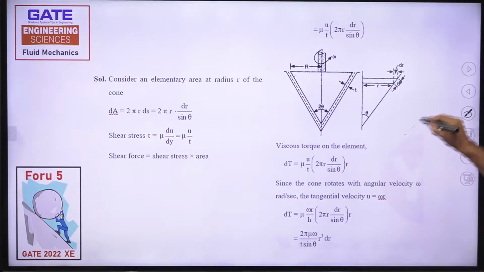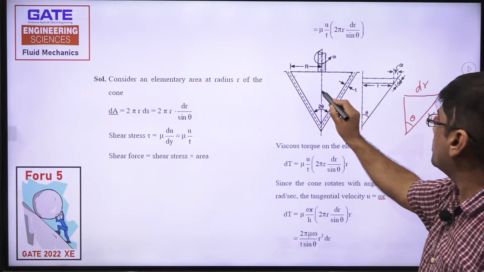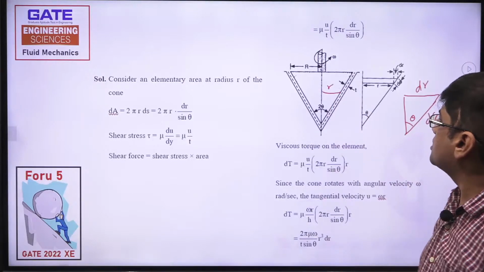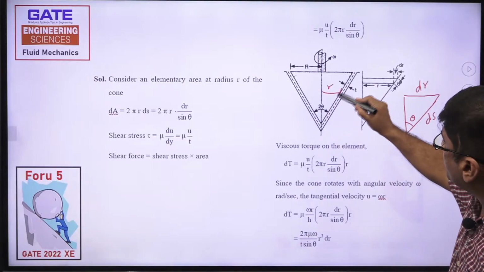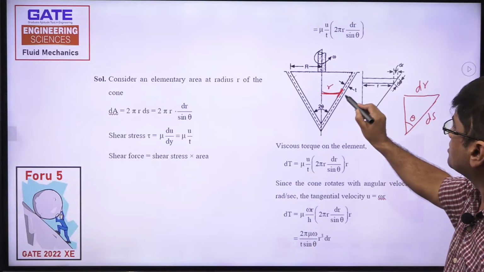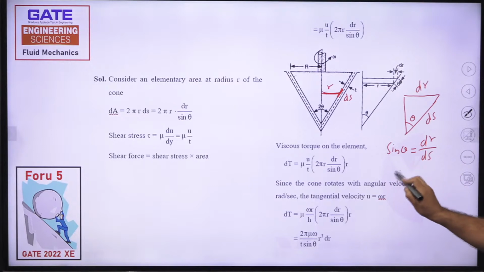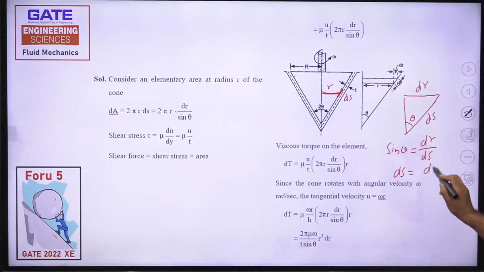It is something like this: this is ds, this is theta, this is dr. I have taken one section at distance r and an elemental strip of length ds. Now sine theta is equal to dr over ds, and from here ds is equal to dr over sine theta.